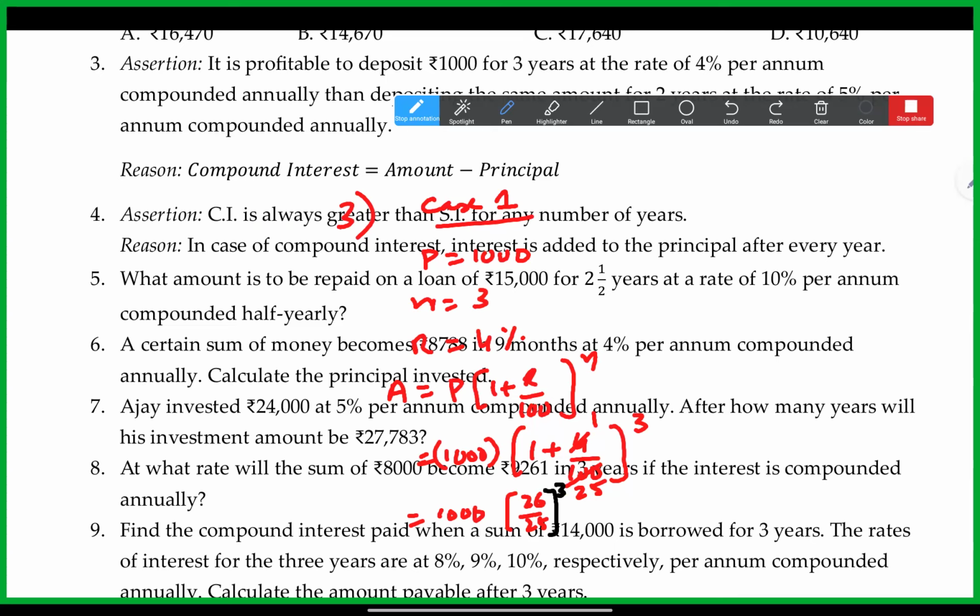So 1,000 into 26 by 25 into 26 by 25 into 26 by 25. 25 and 1,000 will get cut. 25 ones are 25, 25 forties are 1,000. And one more 5, 5 fives are 25, 5 eights are 40.